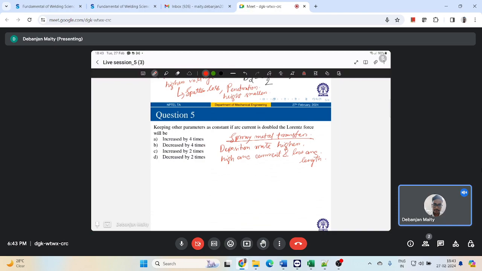Mostly spray mode transfer produces a stable kind of arc, and the penetration depth will be very deep, so it is mostly recommended for thicker plates, and the weld bead it forms will be aesthetically very good, right?